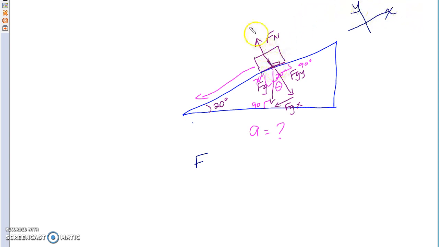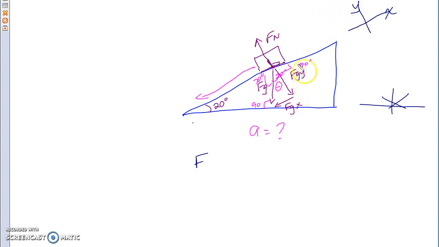We are using this as the y component and this as the x component. This is why we use Fgy and Fgx. I'm not using a coordinate system that's like this, not yet. That's going to be another chapter. We're changing the whole system so that it is parallel to my hill. It's just easier to look at.